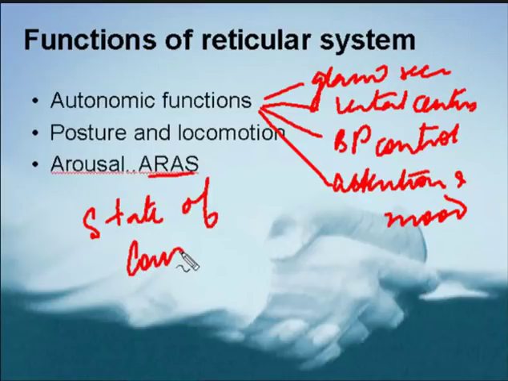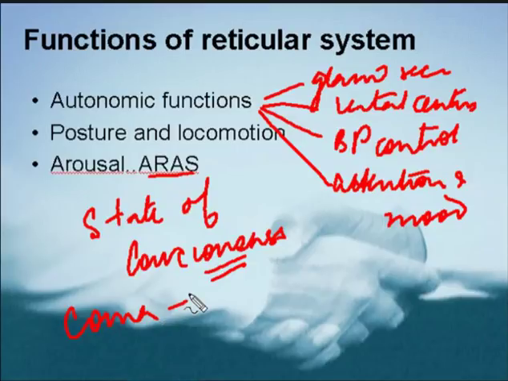In fact, if the reticular system is damaged, it could lead to coma, because the higher centers can no longer be aroused. So that is very, very important. Some of the clinical aspects of it: general anesthetics, the way they put you to sleep, is because they suppress this ascending reticular activating system.